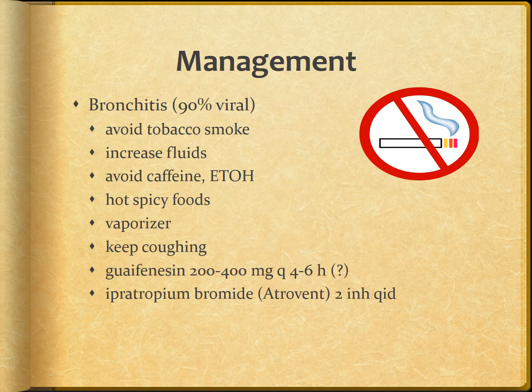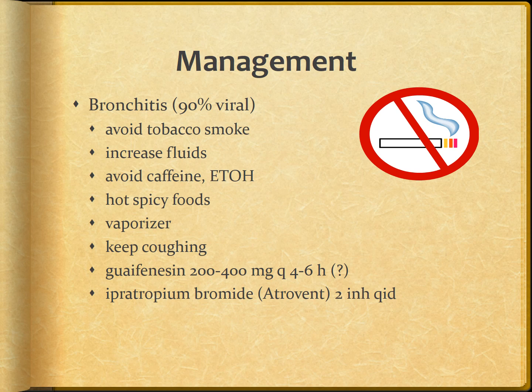So let's talk about the management of acute bronchitis. Remember that I mentioned that bronchitis occurs in patients and the causative agents will typically be viral in 90% of patients.